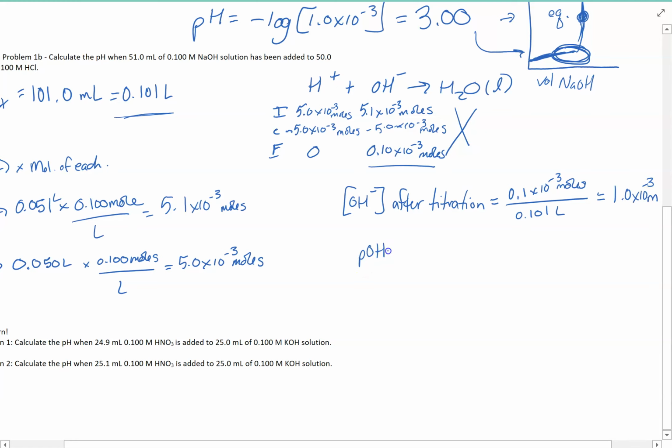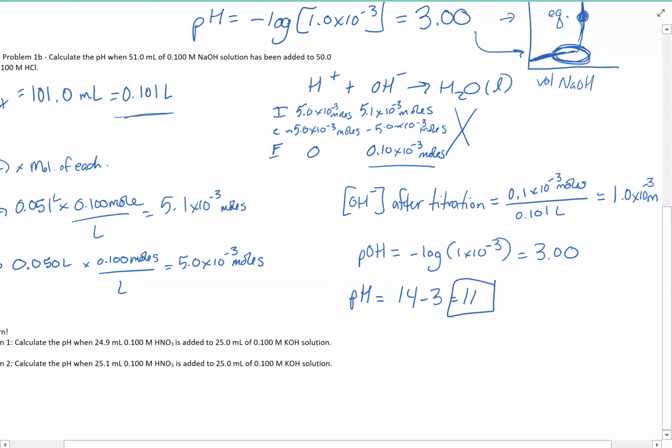The pOH is going to be the negative log of that value, which is going to come out to be 3. But the pH is our goal, so we're going to do 14 minus 3, which is going to be 11.